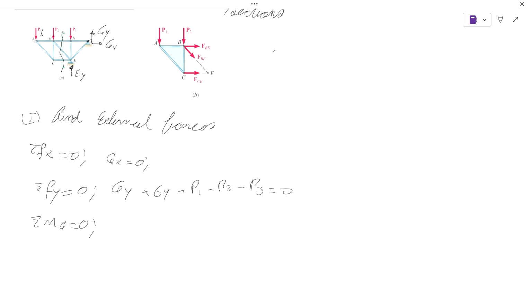And let's say this is L, L, and this is H. So we have positive moment is clockwise. So Ey times L minus P3 times L minus P2 times 2L minus P1 times 3L equals 0. Okay, so from there we can find Ey, and from Ey we can find Gy.